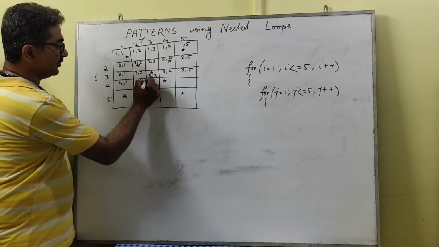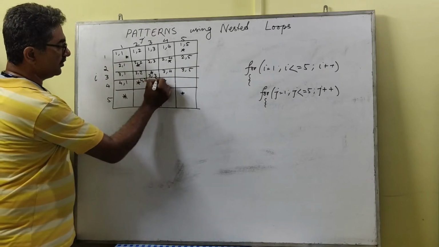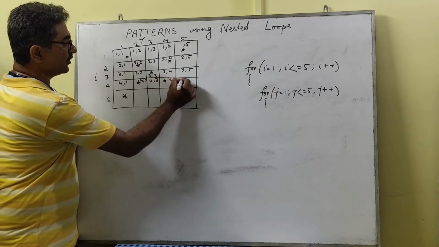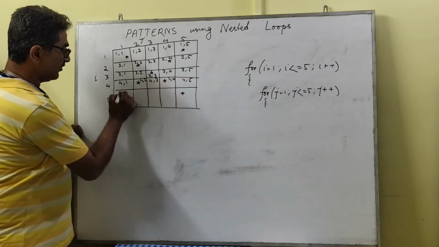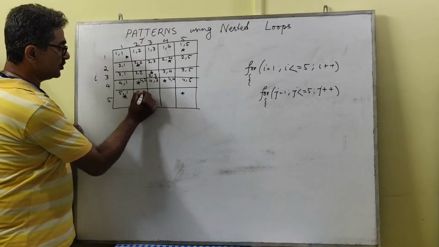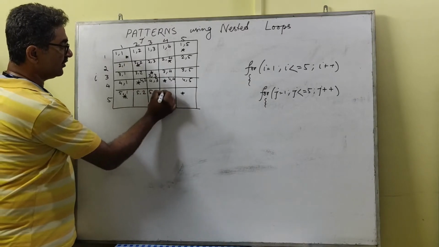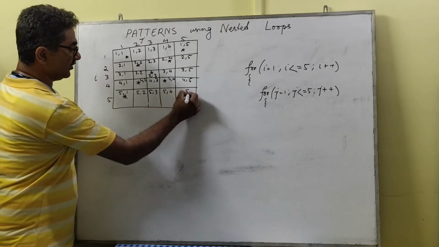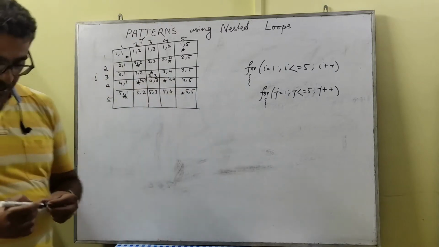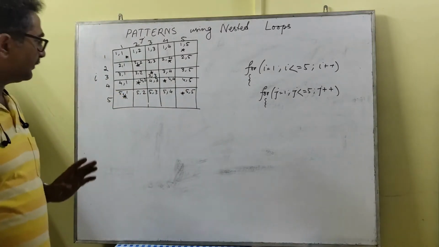This is the fourth row, second column, 4, 3, 4, 4, 4, 5, 5, 1, 5, 2, 5, 3, 5, 4 and 5, 5.